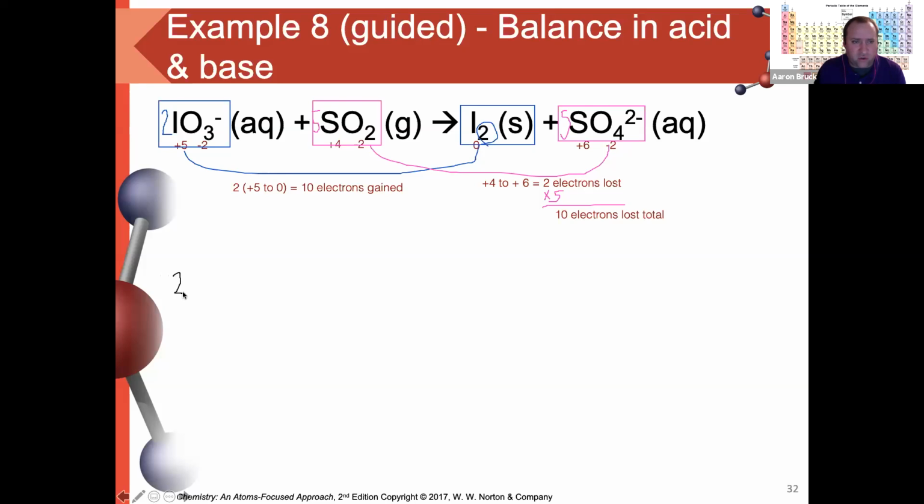I have 2 iodates reacting with 5 sulfur dioxides to make iodine and 5 sulfates.